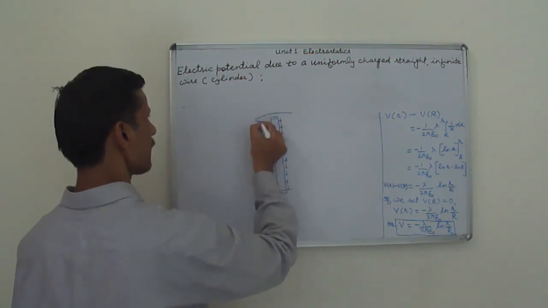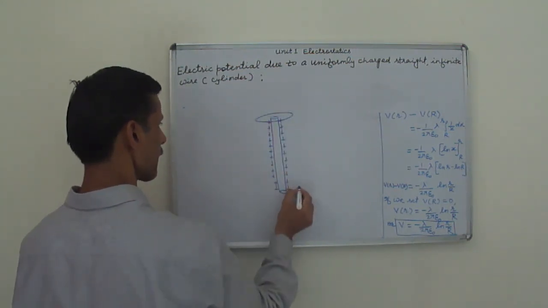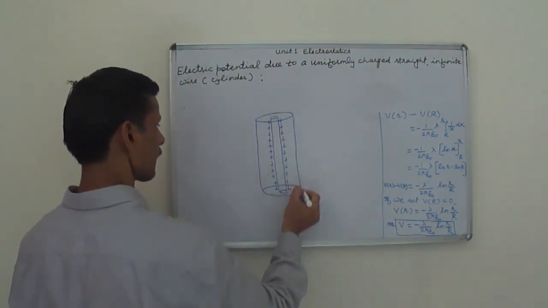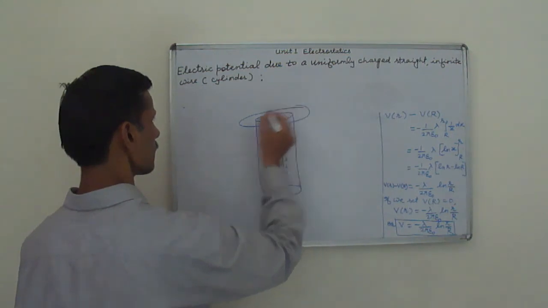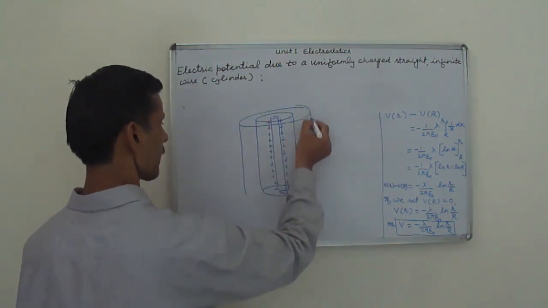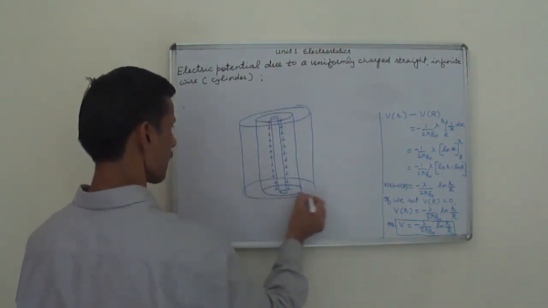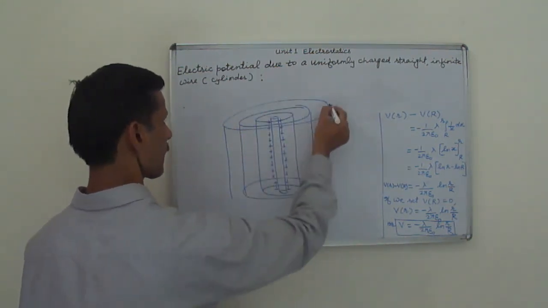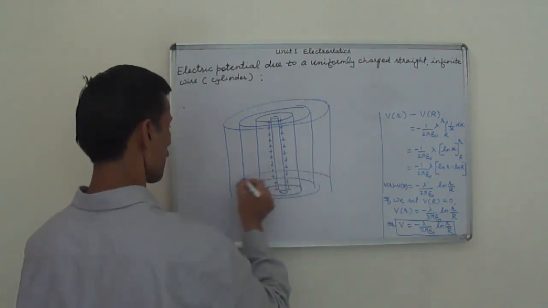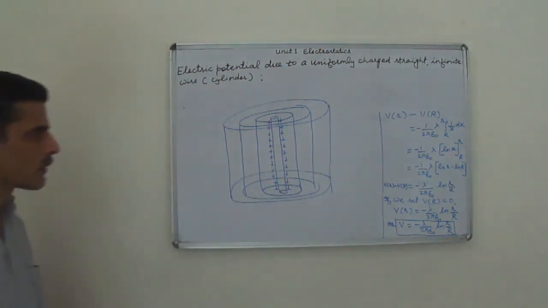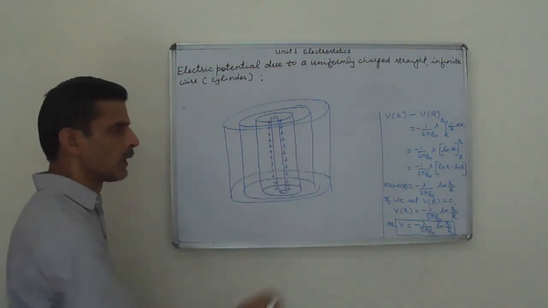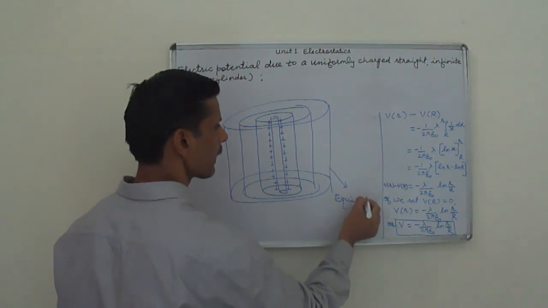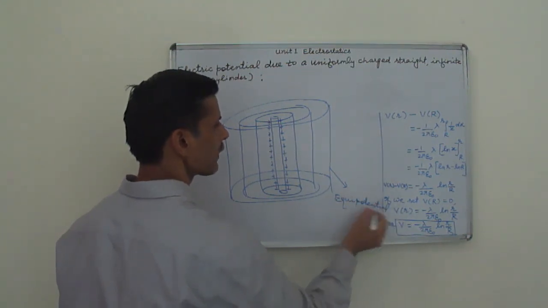These surfaces are cylindrical. So these are equipotential surfaces.